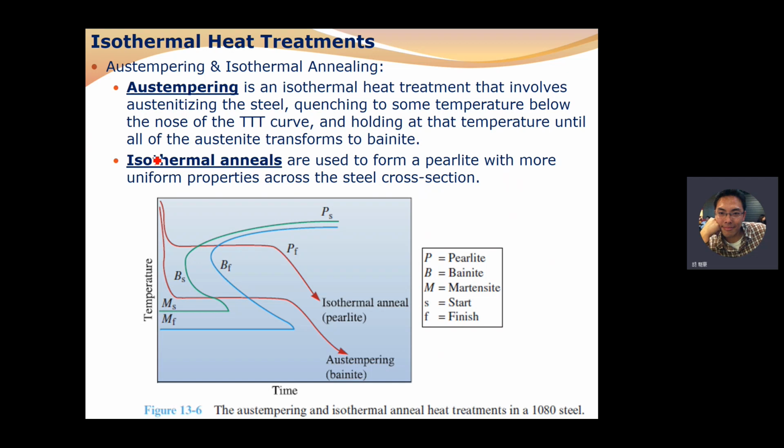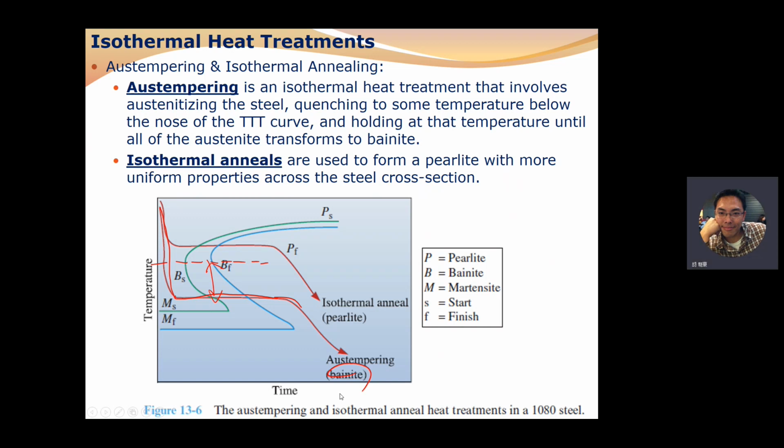Therefore, we drop the temperature substantially, below the nose, here, below the nose, and maintain this temperature to form the bainite.